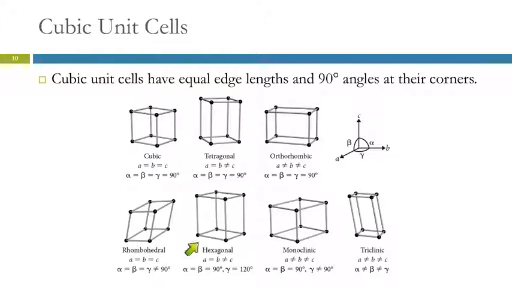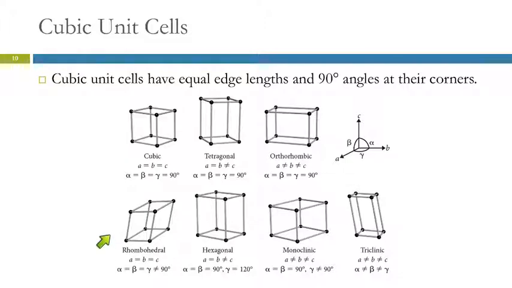Then there are variations of this. There's a tetragonal, so it's a tetragon, but now the angles on the bottom, the base, and the top are not 90 degrees. You can have orthorhombic, so here we have all of the angles being 90 degrees, but the lengths of the edges aren't all the same.